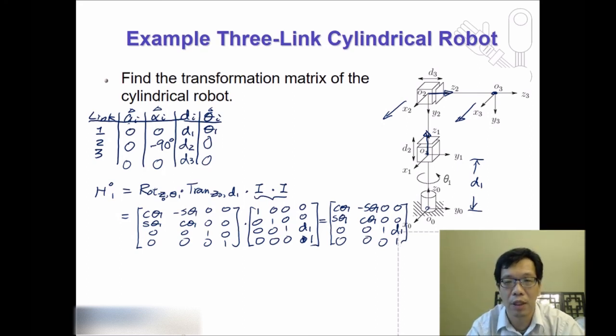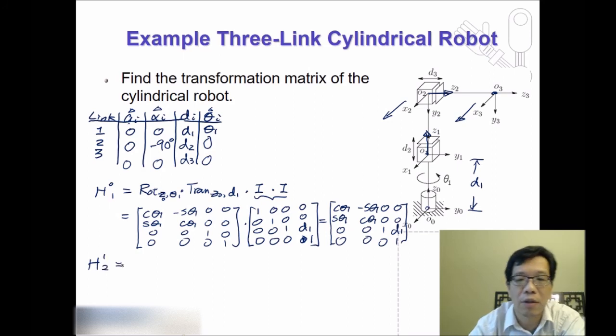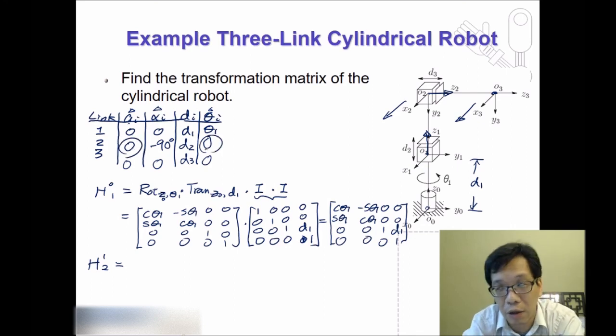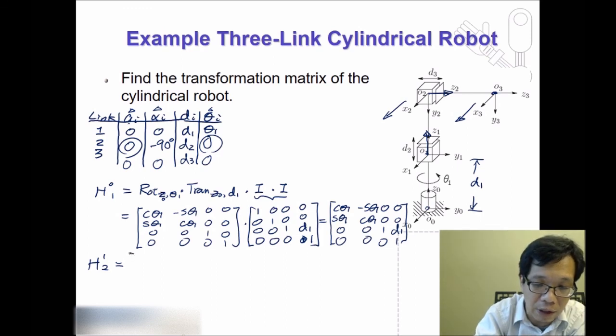Pretty straightforward. The second one over here, 1 to 2. We're going to do the same thing, but this time the matrices corresponding to those two are going to be identity. So the only thing we need to worry about is the rotational of the twist and the translation of the distance. We can actually combine everything all together, but let's not do that.